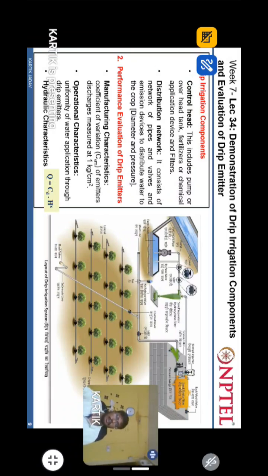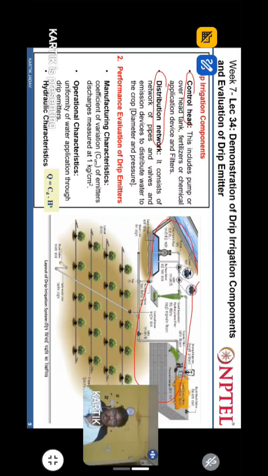We showed the field demonstration of drip irrigation components. Again, as we discussed earlier, the drip irrigation system is generally divided into two parts: one is the control head, the second is the distribution network. In this figure, we can see this part as the control head, right?